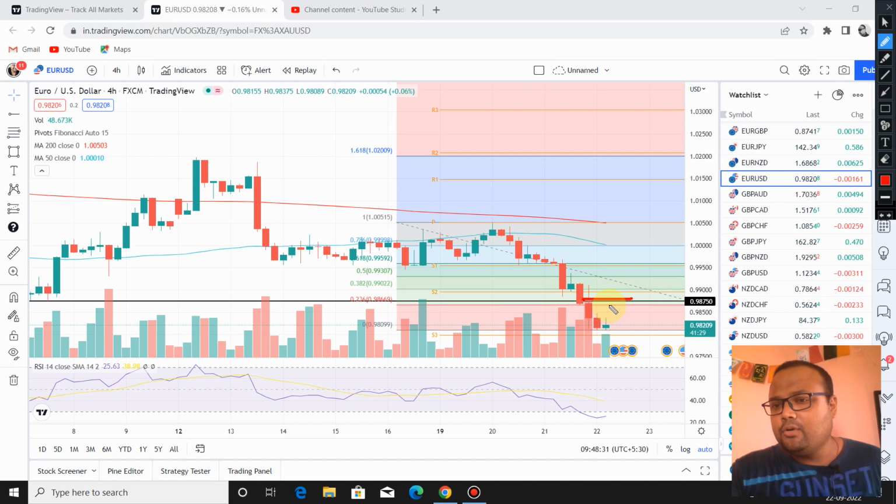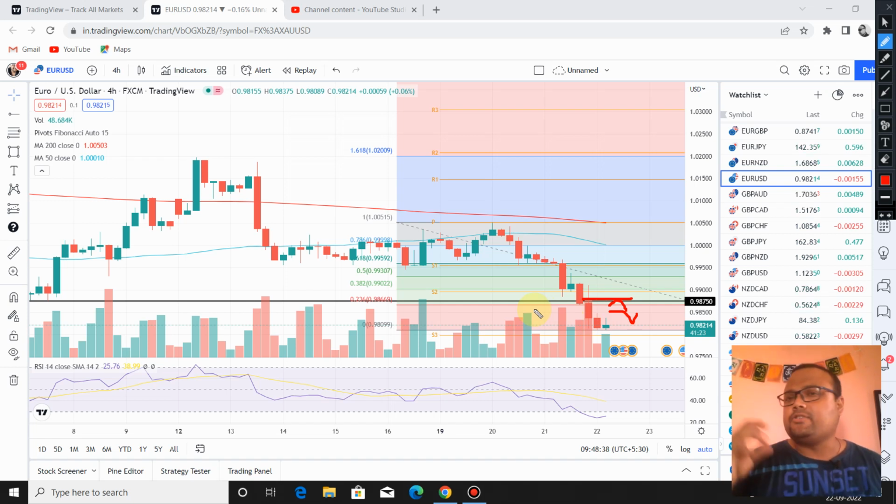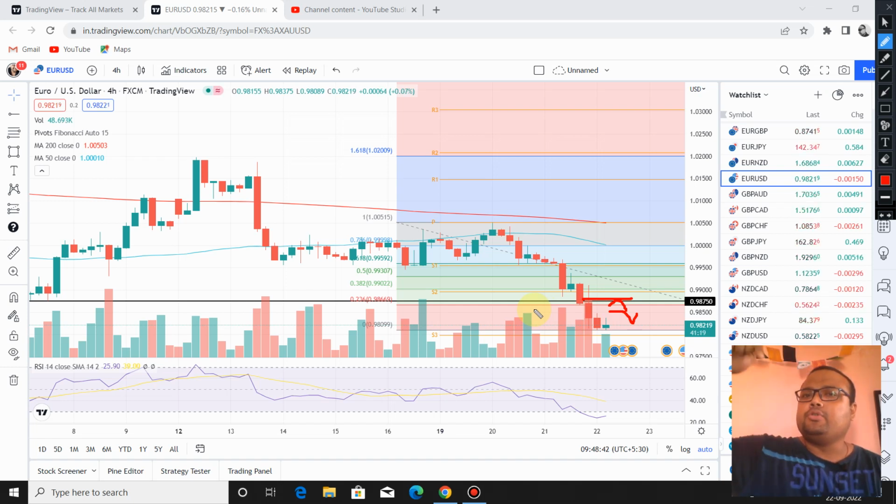So if the market goes up and reverses from this level, we can go for a sell position. Observe the market. If you see that the market is struggling to cross the 0.9870 level, forming a shooting star kind of pattern, showing good price rejection from above, that will give you the confirmation that sellers are still dominating and you can go for a sell.